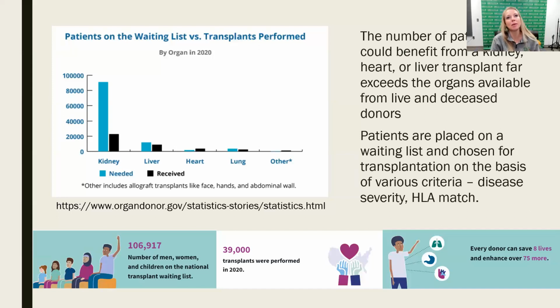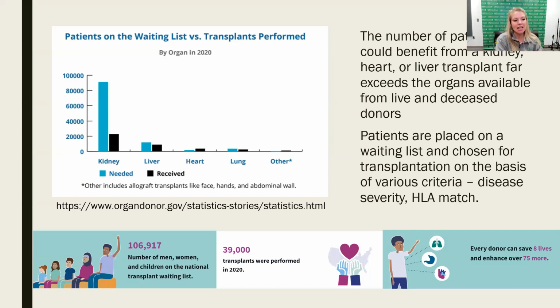But there's so many people on the waiting list. This is actually a little bit dated, some statistics from 2020, where we see the number of organs needed and then the number of organs that have been received. Liver, heart, lung, they're pretty close. With heart it looks like there were more received than could actually be donated.